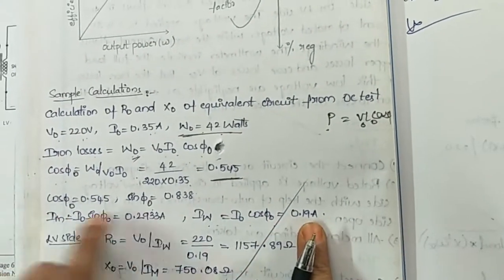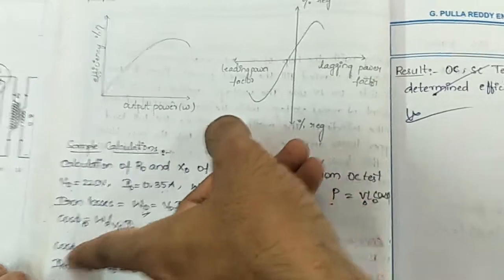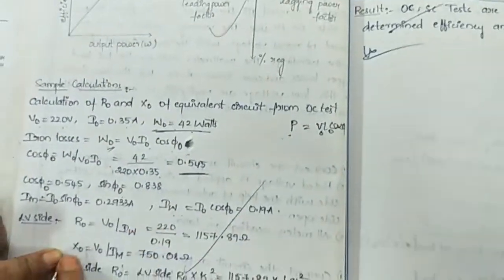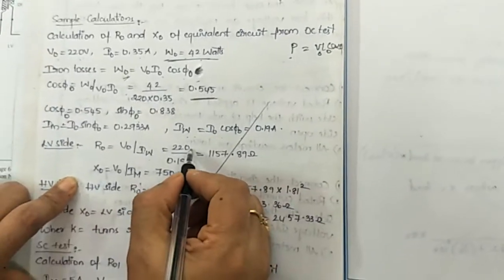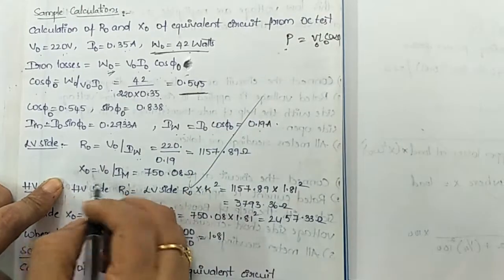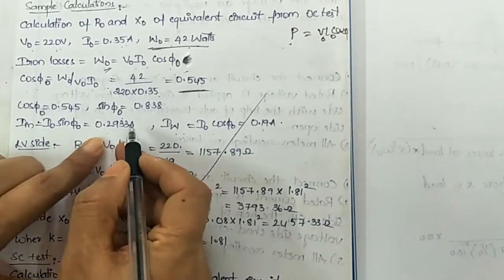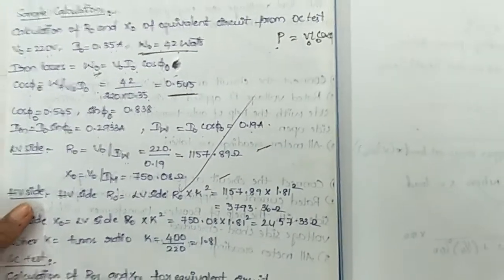Once Im and Iw are obtained, you can calculate R naught and X naught. R naught equals V naught by Iw, X naught equals V naught by Im. We know V naught is 220, Iw is 0.19, Im is 0.23. Substituting these values, R naught and X naught are obtained.